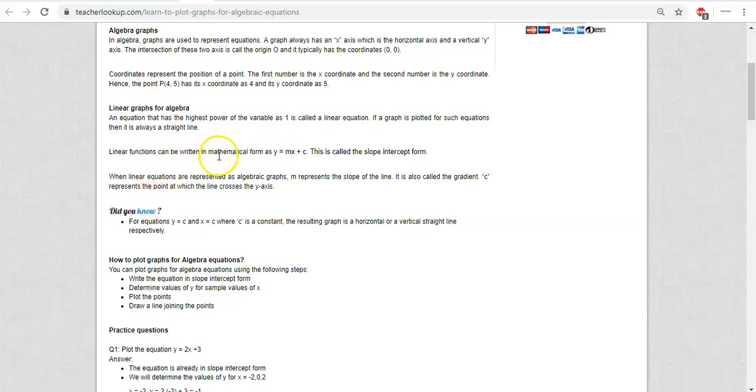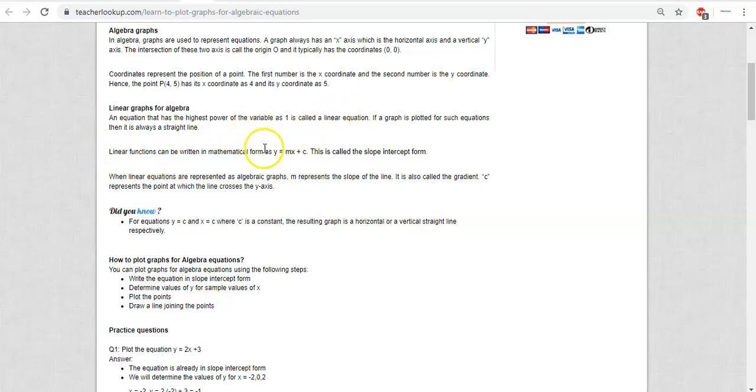This is a mathematical equation, y equals mx plus c, and the power of the variable, we are talking about x here, is 1, basically. It is not squared or cubed, and if it is squared or cubed, it will no longer be a linear function.